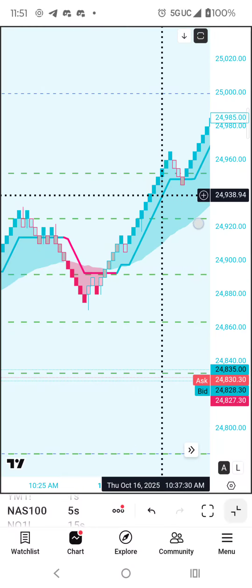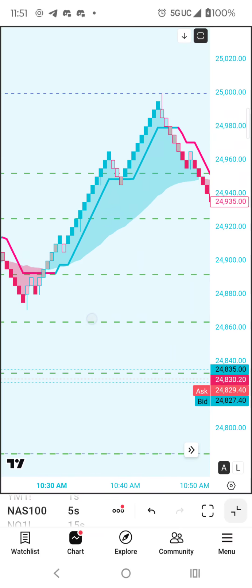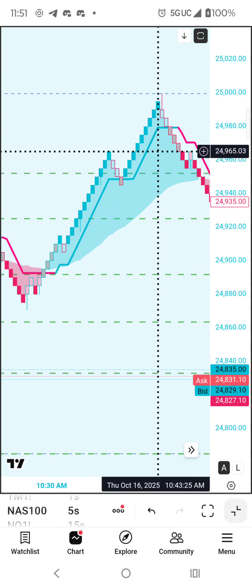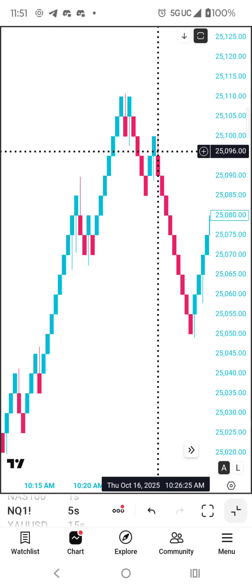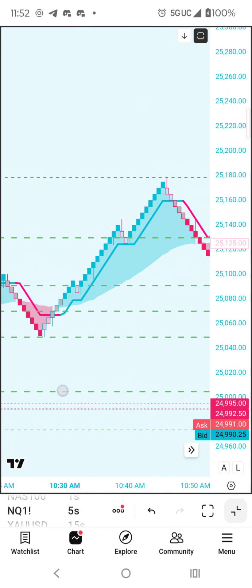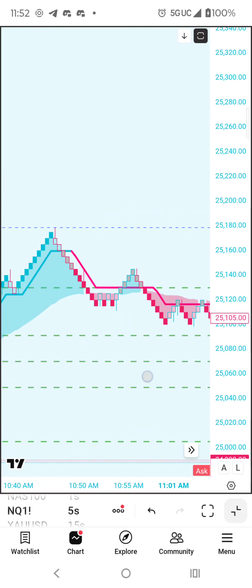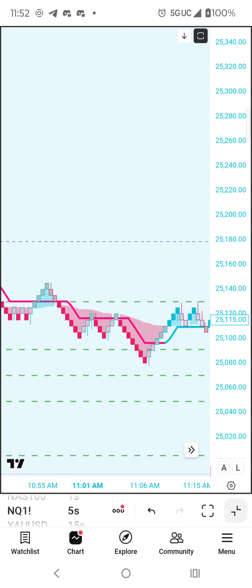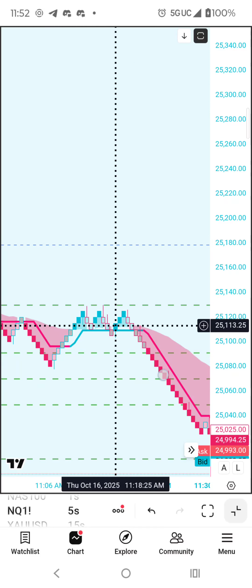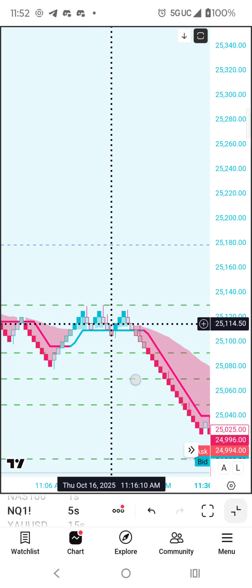And the trend line is nice and clean. Each one of these bricks is 5 pips. For an NQ, this is what it looks like. It's the same, you see? And you're just looking for a solid trend. You wouldn't be in here. Why would you be in here? Because it's not defined.